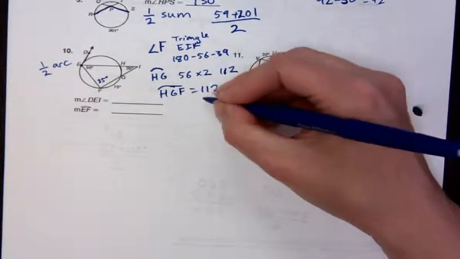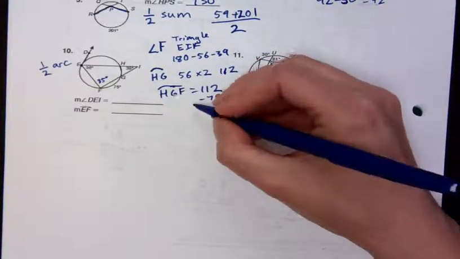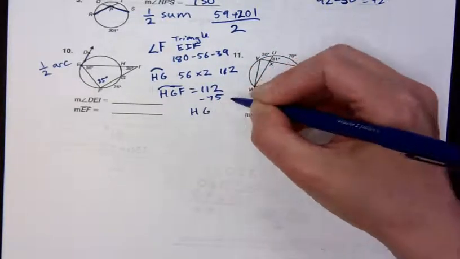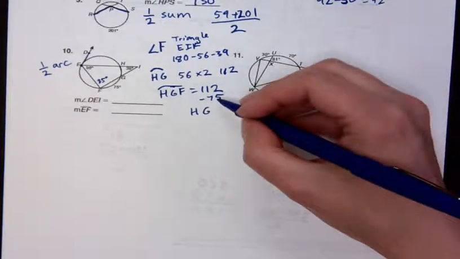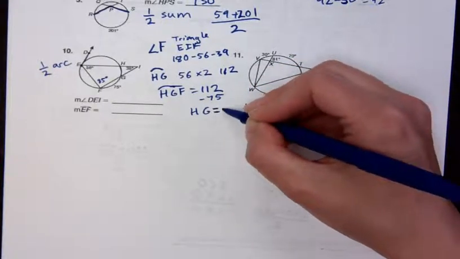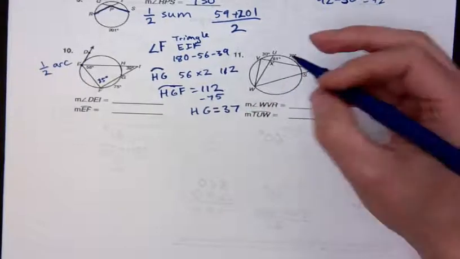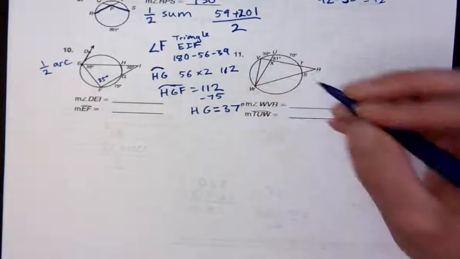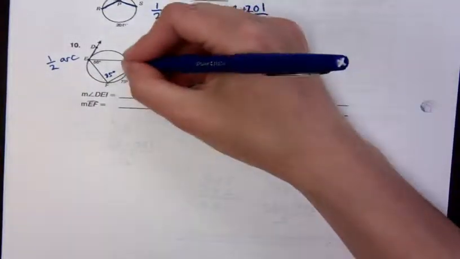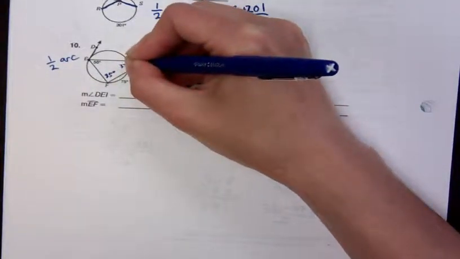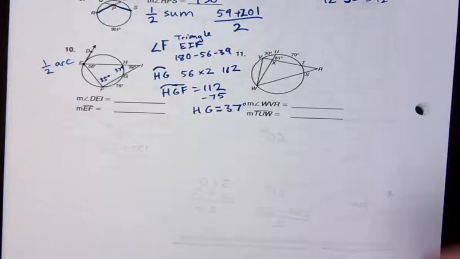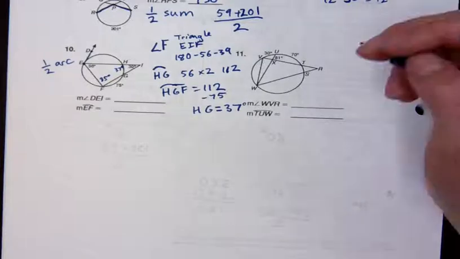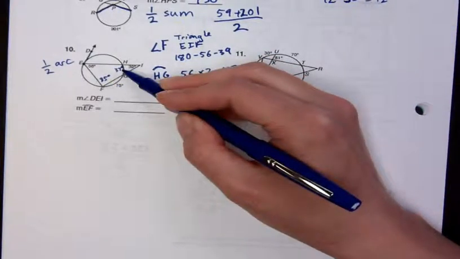And then I just do minus the 75 I already have to get arc HG. So what does arc HG equal? Okay. Still haven't gotten around to what I need, but okay, so this little arc here is 37 degrees. And so what do you think I should find next now that I have those two, that angle and that arc?